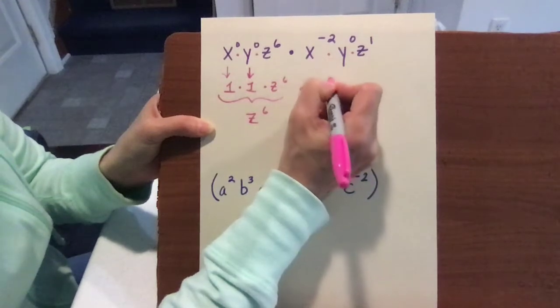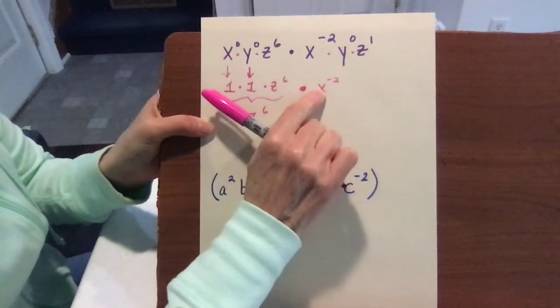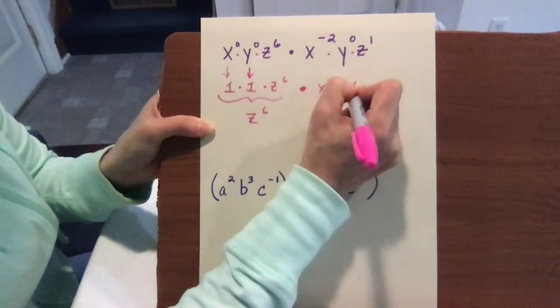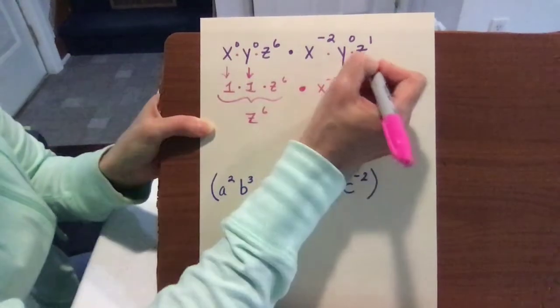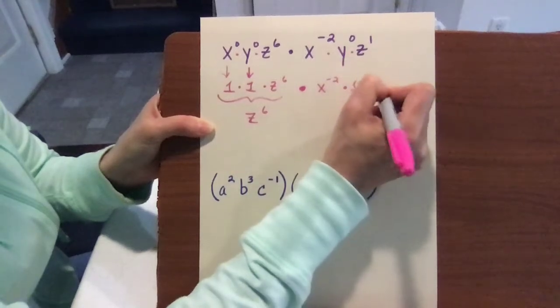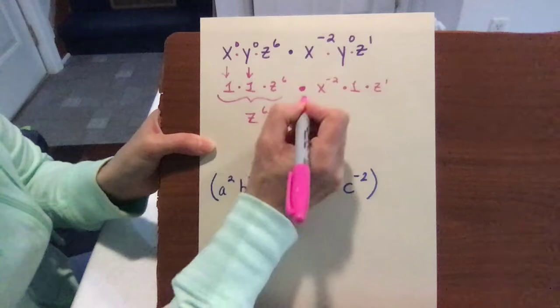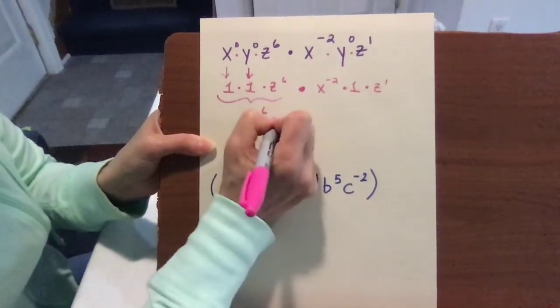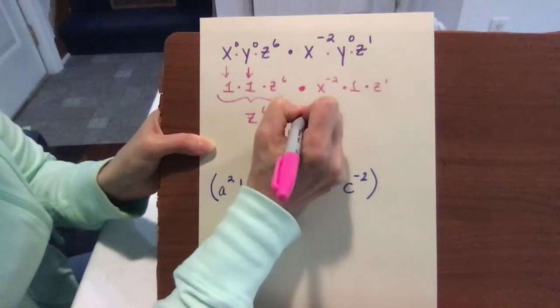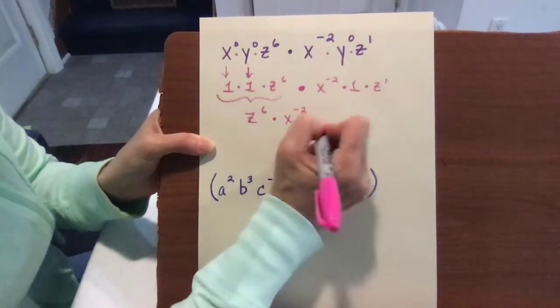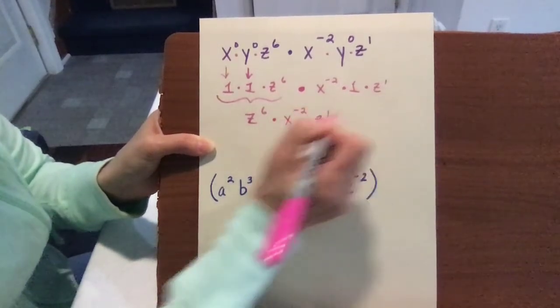X to the negative 2nd power comes down. Y to the 0 power is 1, so times 1. Z to the 1st will come down, and now we're going to multiply this. So we've got z to the 6th here times x to the negative 2nd times 1 doesn't change anything, so that goes away, times z to the 1st.